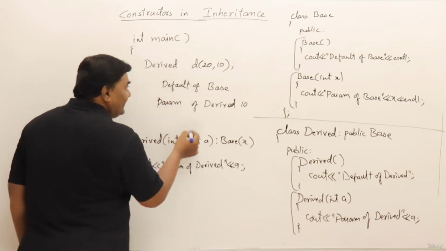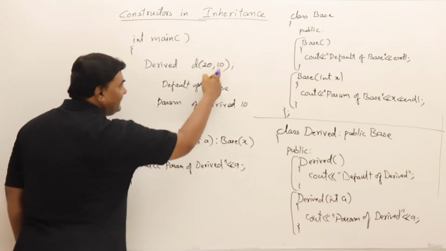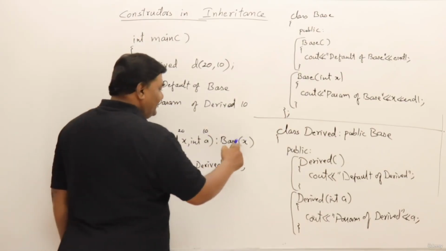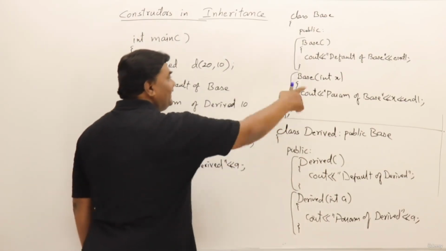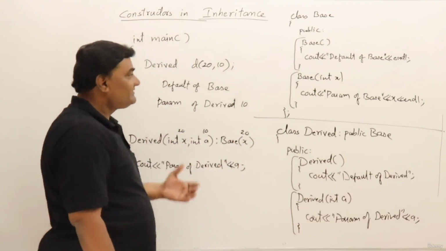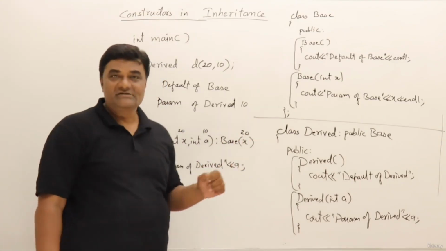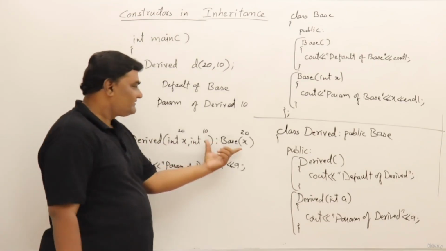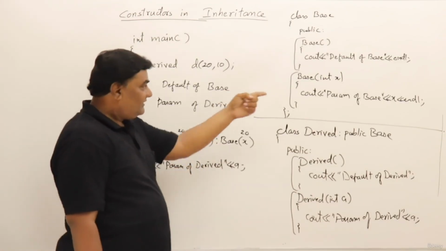So what is this doing? Taking 20 in x, taking 10 in a. Then what is it doing? Calling base 20. So this base class constructor that is parameterized is called. So yes, you can call the parameterized constructor of the base class from the derived class constructor. This is the syntax. Now that will execute.